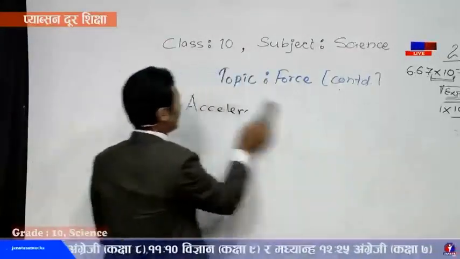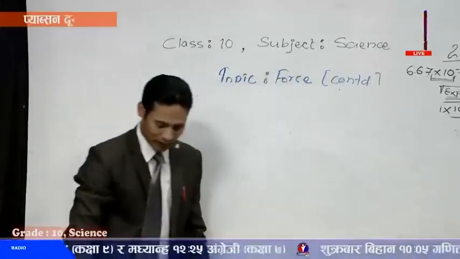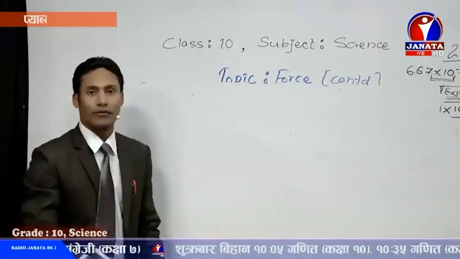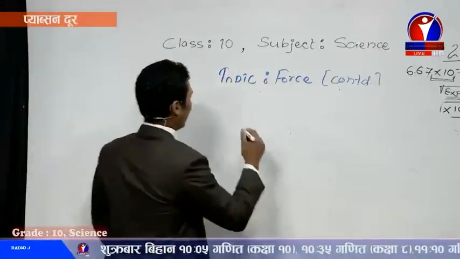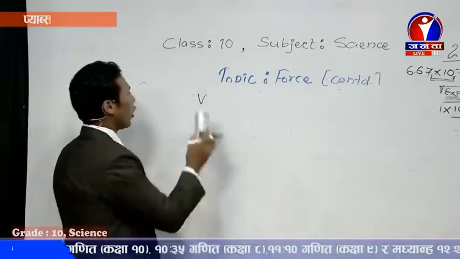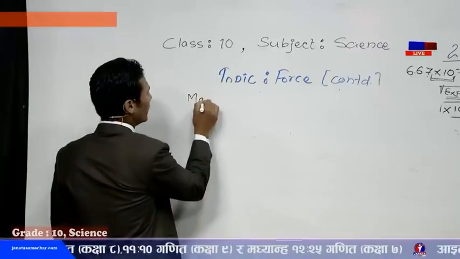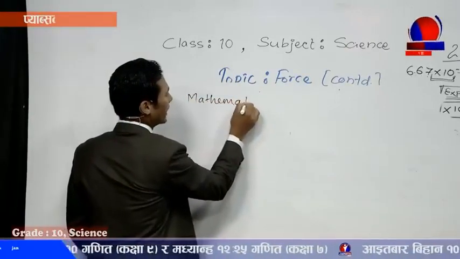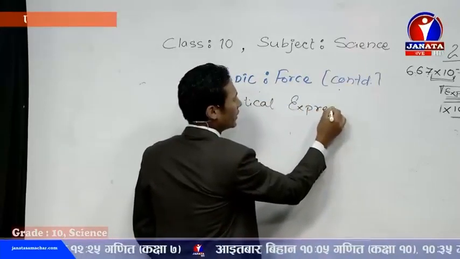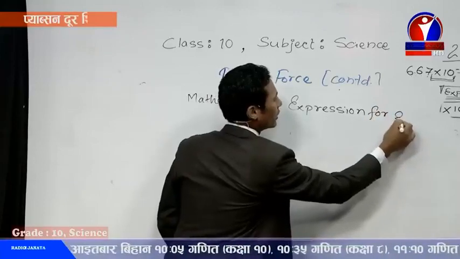For this one, I will not write down the language, I will simply write down the steps only. You can get the language from other sources also. Here we are going to calculate the mathematical expression for small g.